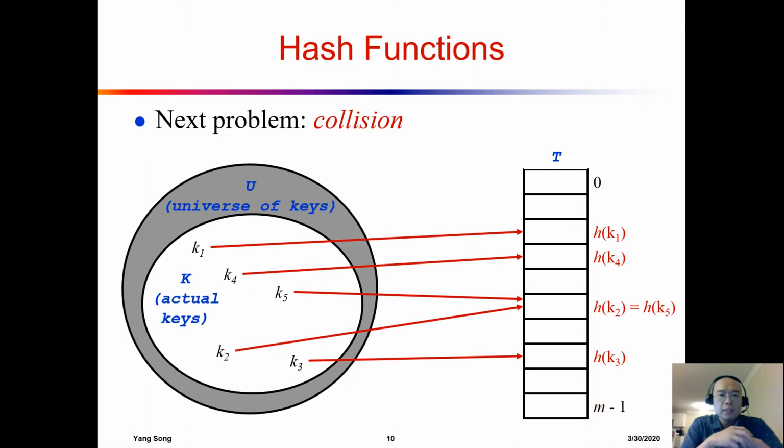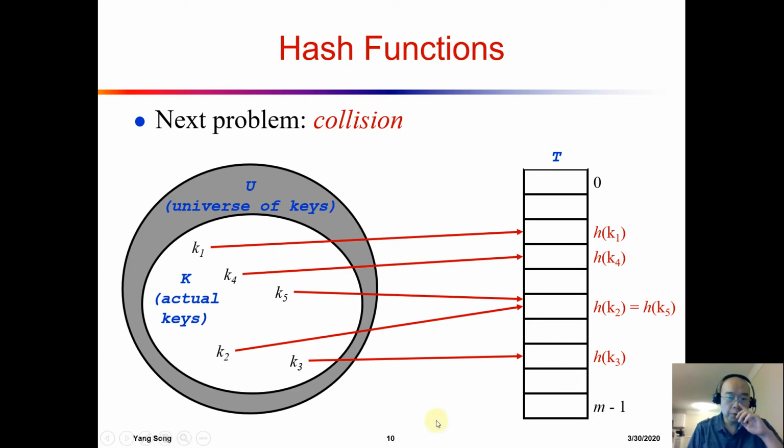In this case, we have to map the keys to the possible slots in the hash table, and collisions may happen. The reason is there are more possible keys than the available slots. So eventually we will have collisions. That's guaranteed.